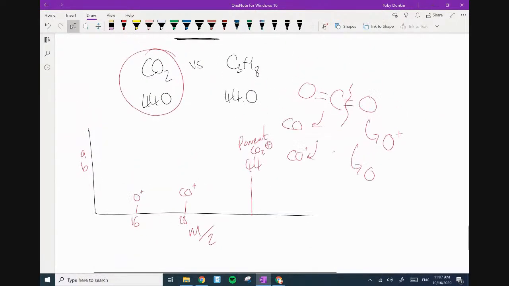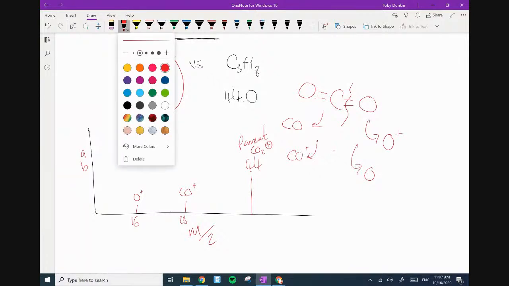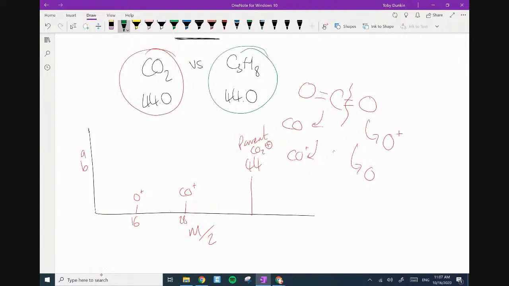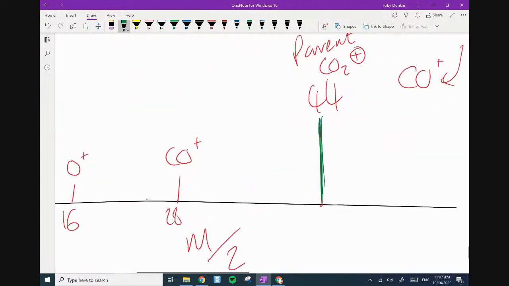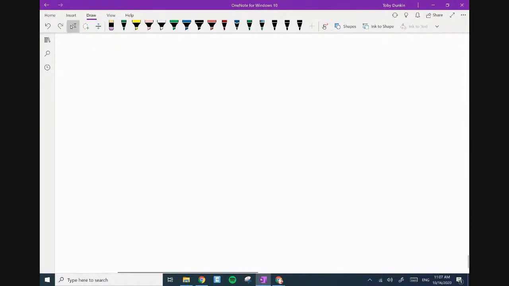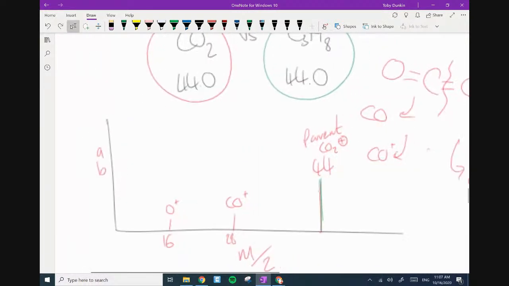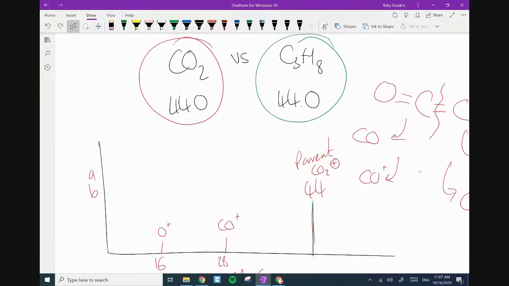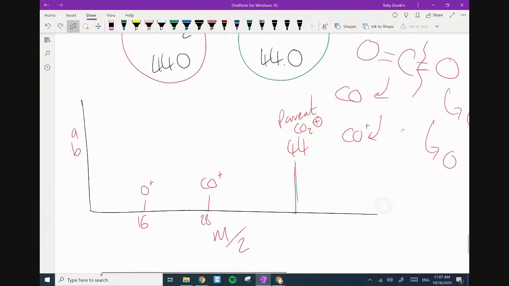But in propane, what we realize is, let's change my color. Let's do propane in green. Propane, I get the same parent ion, so that's not going to help me. So we're going to get the same parent peak.